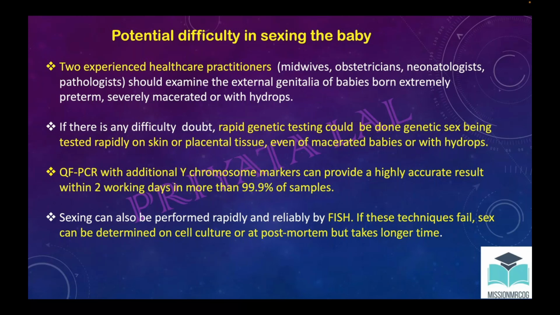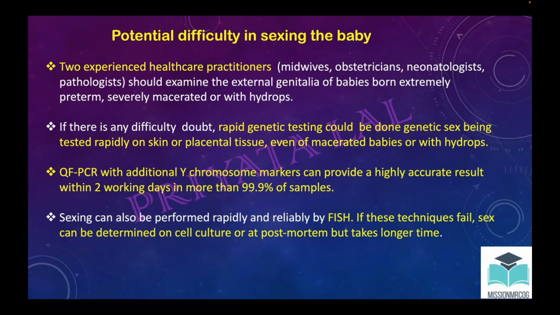Apart from this, it can be done by another method, that is FISH. Last, if by QF-PCR and FISH they are unable to find out, then the very last option left is cell culture. They can find it out from the cell culture, but cell culture will take longer time.